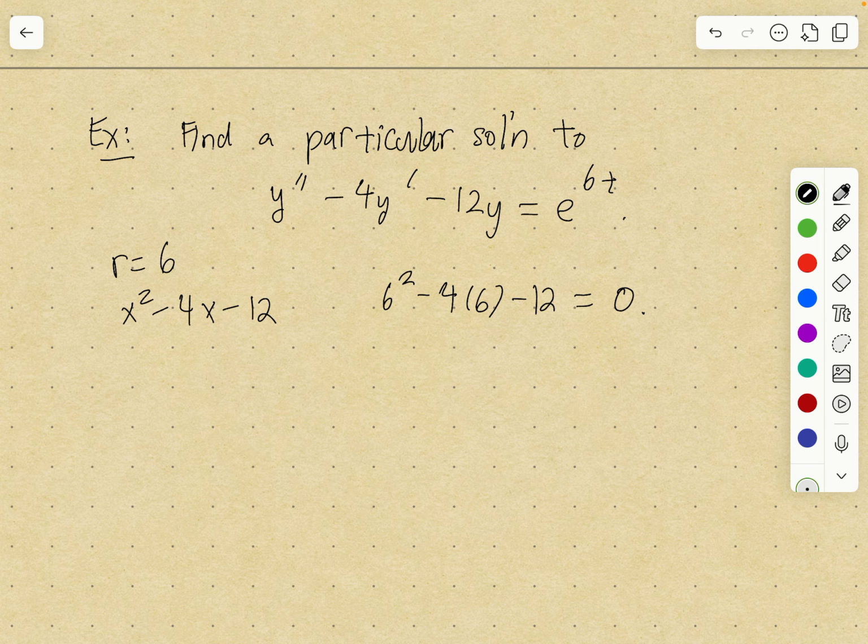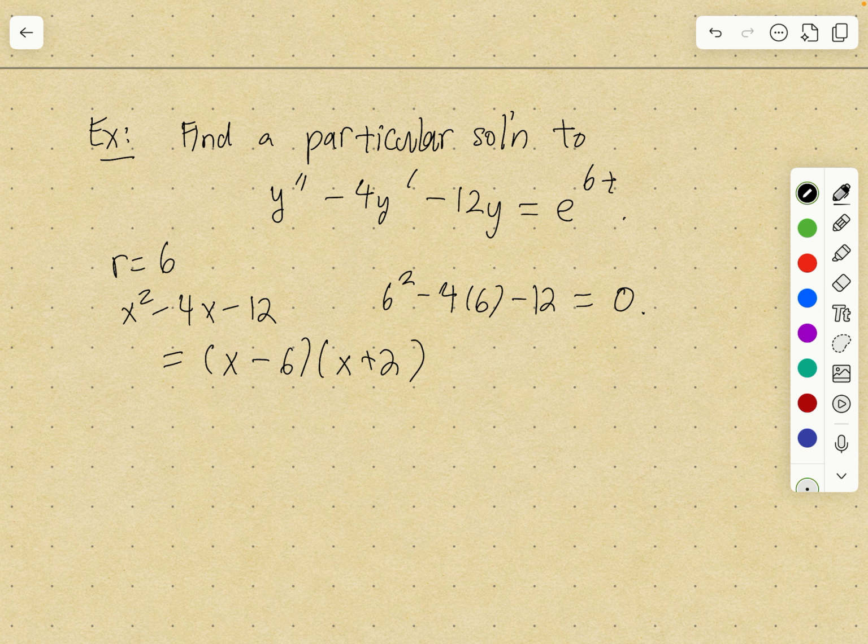Now you have to ask yourself, is r a single root or a double root? Well, so now you have to do some factoring. This polynomial is going to factor as x minus 6 times x plus 2. So is r equals 6 a single root or a double root?